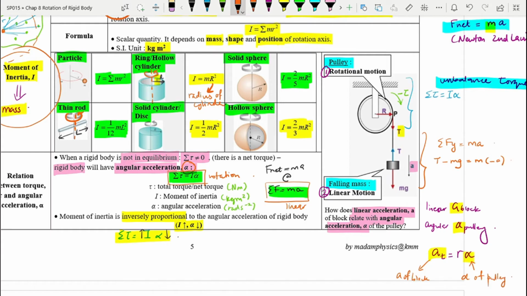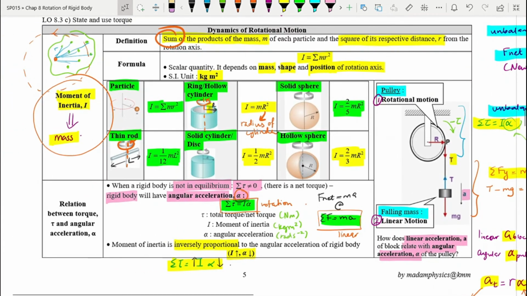Jadi, bermaksud, kedua-dua equation, Fy equals to ma dan torque equals to I alpha ni related. Macam mana dia relate? Relate a dengan alpha ni tadi. So, dia ada relation, a equals to R alpha. Maksudnya, kita boleh buat simultaneous lah bila dia ada relation dekat situ. Okay, so that's basically the concept for rotational dynamics.